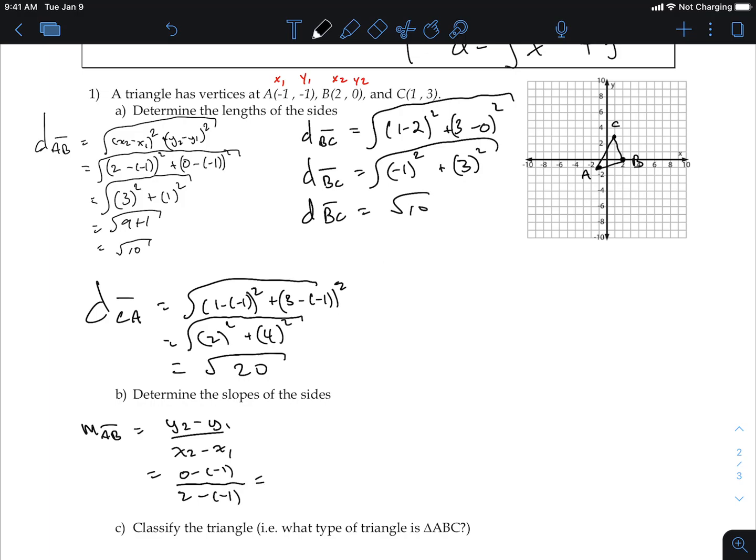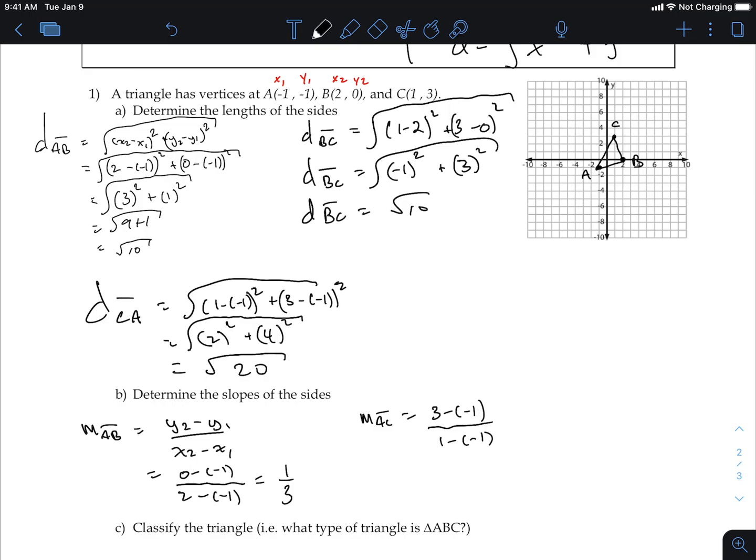So that's going to equal 1 over 3. Okay. Let's do the slope of AC next, or CA, it doesn't matter. We're going to go 3 minus negative 1 divided by 1 minus negative 1.